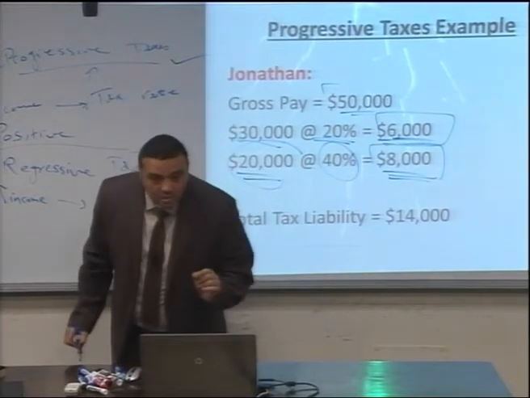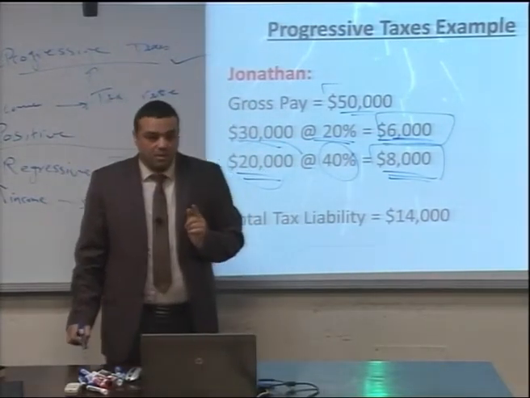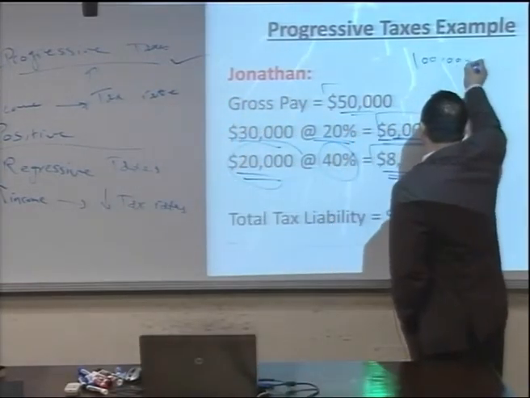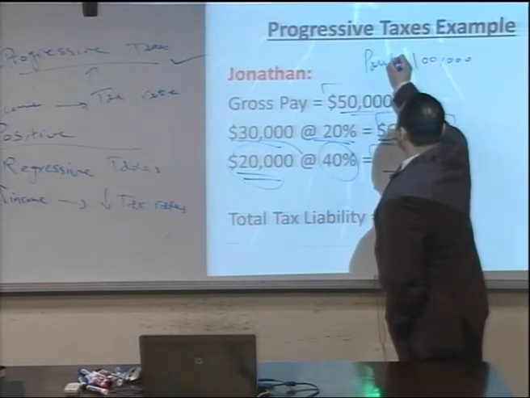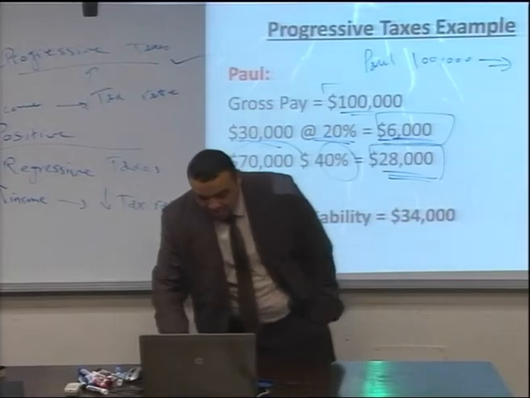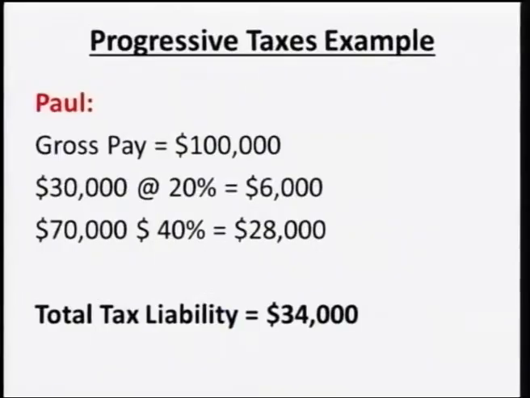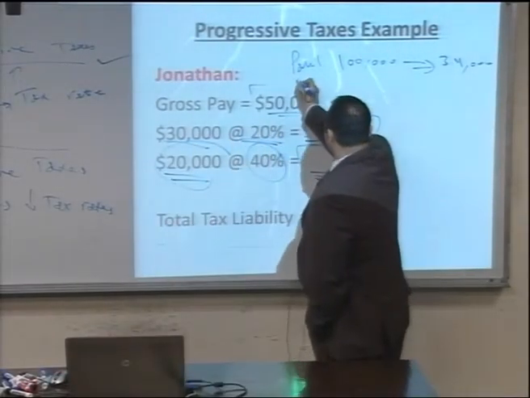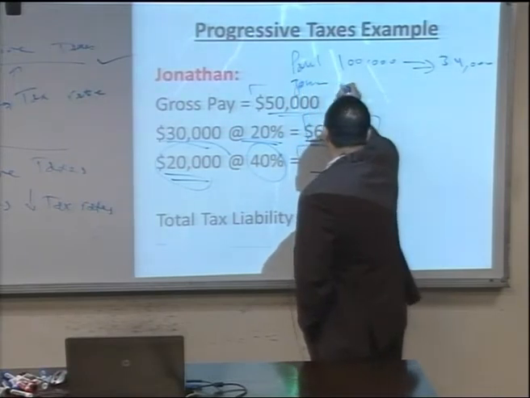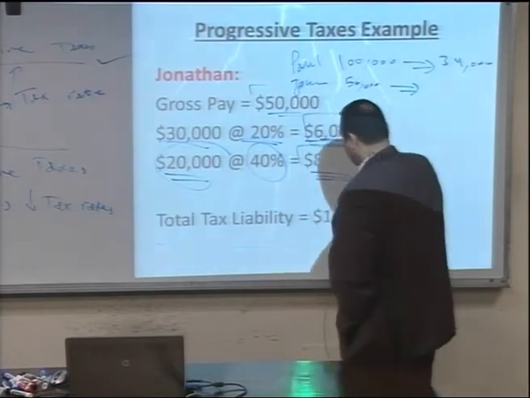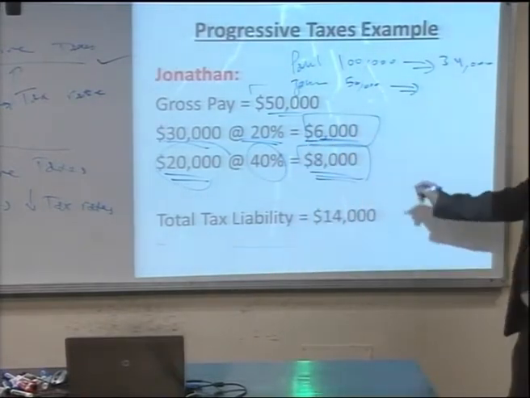Okay? What do you see? Paul earns $100,000, and he pays how much? $34,000. What about Jonathan here? Jonathan earns $50,000, and he paid how much? $14,000.